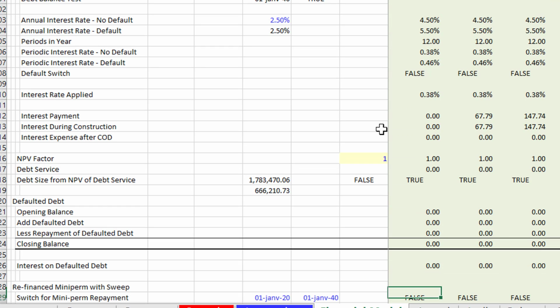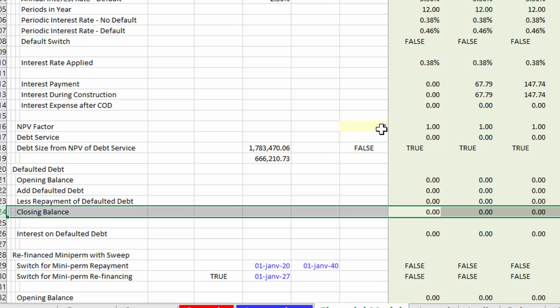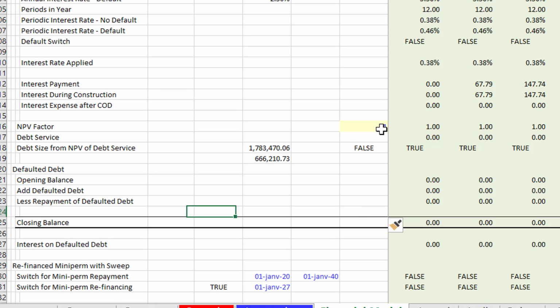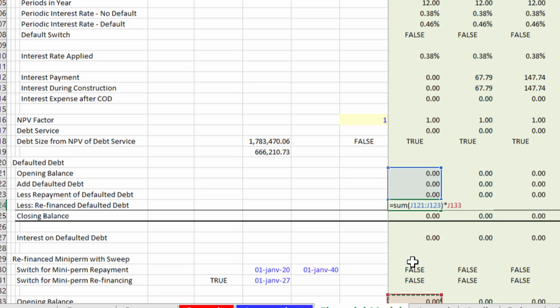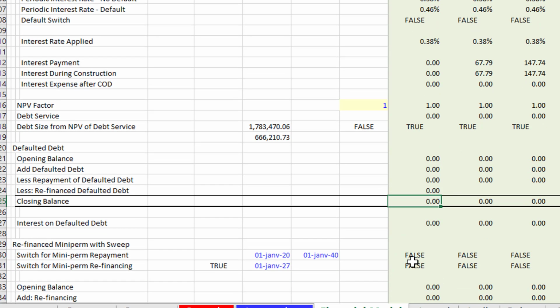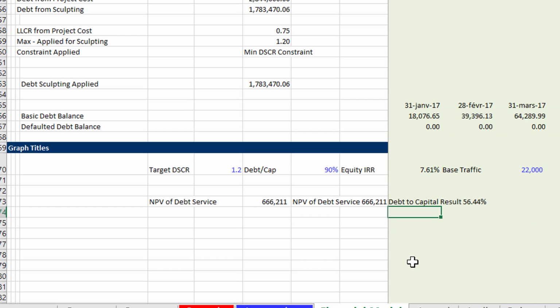Now on this defaulted debt, we put a new line and put less refinanced defaulted debt. Okay, and it's almost the same. It is the same thing. You just put an equal sign and add up all the prior numbers and multiply that by the switch for the refinancing.